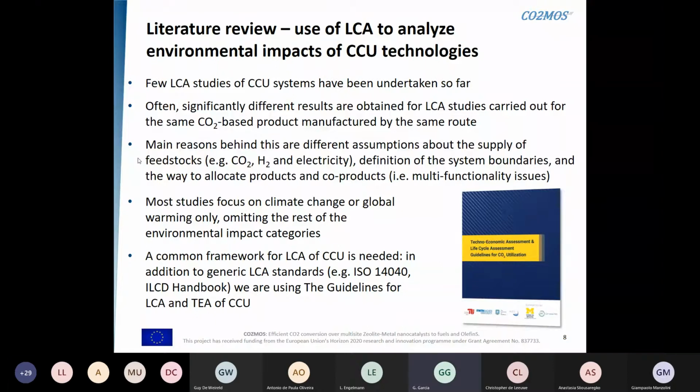And as opposed to what I recommended in the previous slide, most studies focus on climate change or global warming only. So we feel that there is a need for a common framework for LCA of CCU. So for that, we are using the guidelines for LCA and TEA of CCU, and I will talk about them a bit later.